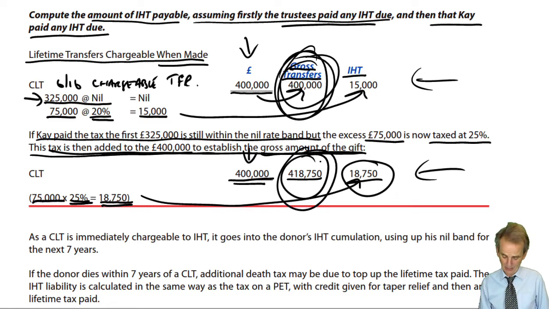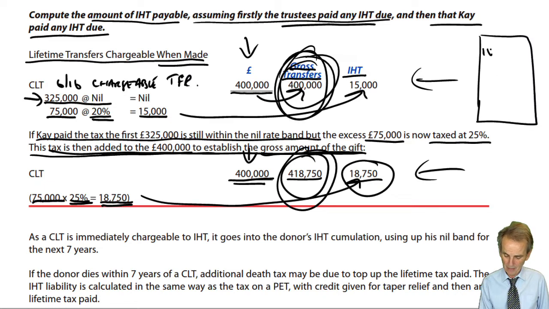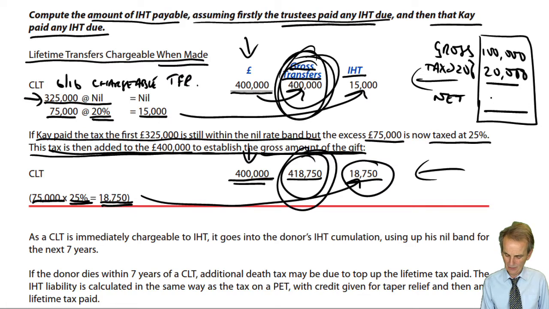Again, it's a simple exercise, which you know from your income tax studies. If we had a gross amount of £100,000 and we had £20,000 tax thereon, that is tax at 20% on the gross figure, then the net amount of that would be 80,000.